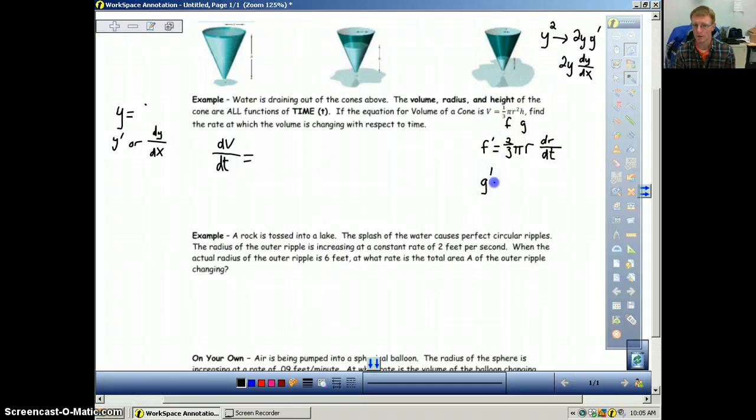Now we go to g prime. So g is our h. The derivative of h is just 1, so it's 1 times, and then again we have to do the same thing, dh dt.